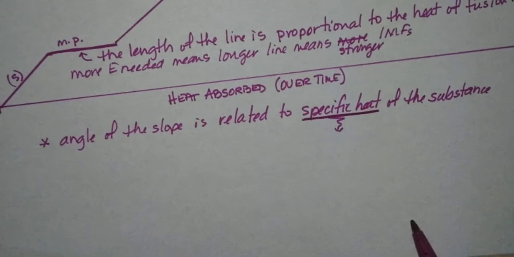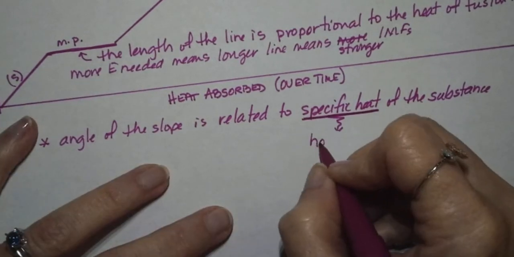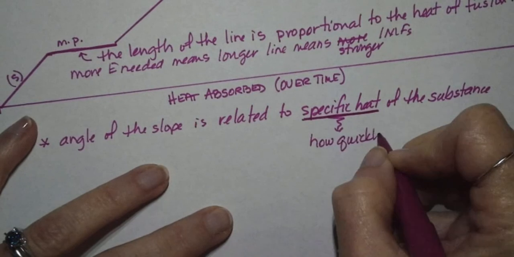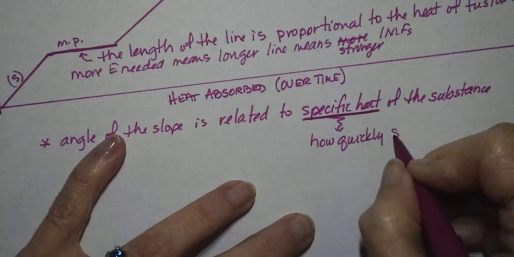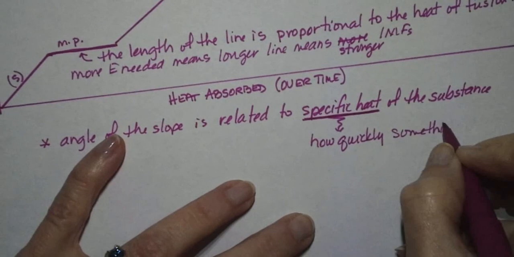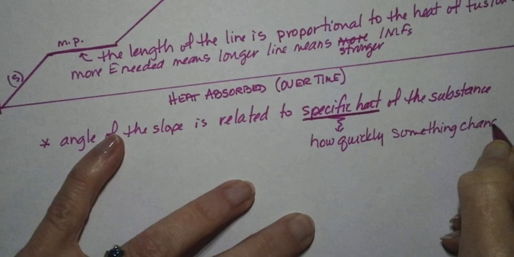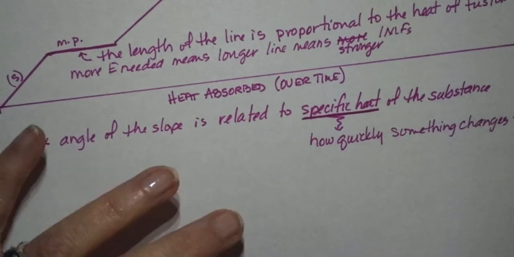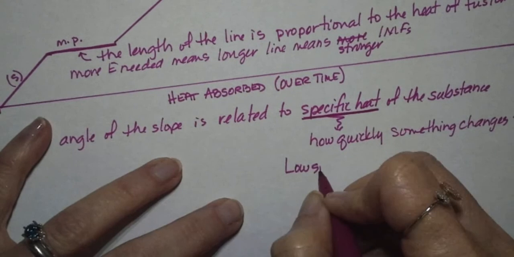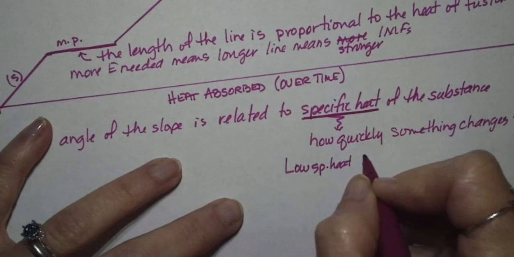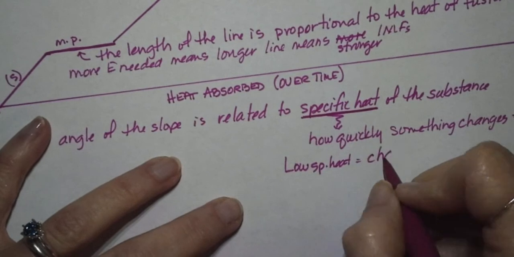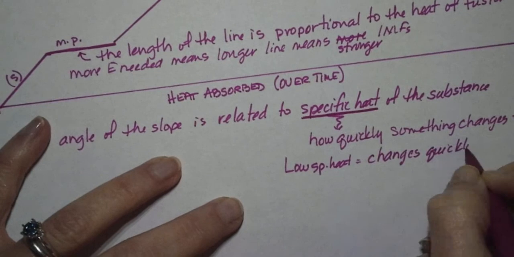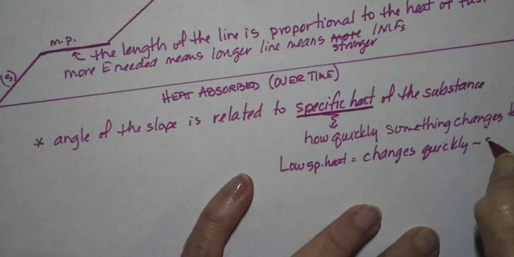How quickly something changes temp. Low specific heat means it changes quickly, and that means it's going to be a sharp slope. High specific heat means it changes slowly.